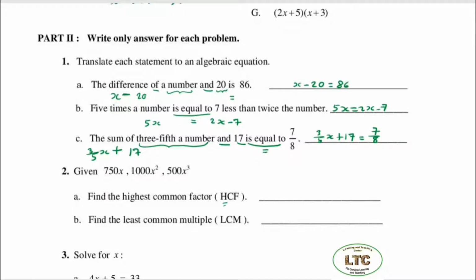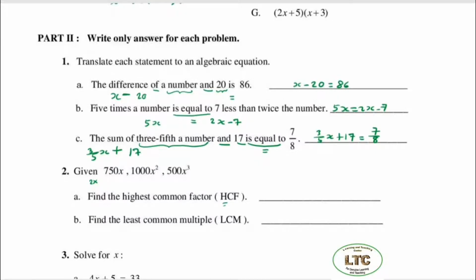750 is 2 times 375. You can use a calculator: 750 divided by 2 is equal to 375. So 375 divided by 3 is equal to 125.